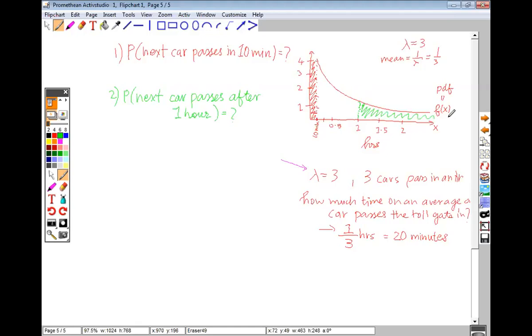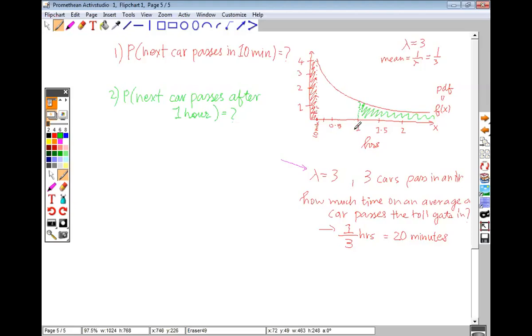What you can do is you can just substitute this 1 in the CDF and subtract the CDF from the 1, because what CDF measures is the part to the left of 1, and we want the part to the right of the 1, and we know that this whole area sums up to 1 because it is a well-defined PDF of an exponential distribution. So the green area would just be 1 minus the CDF at 1.